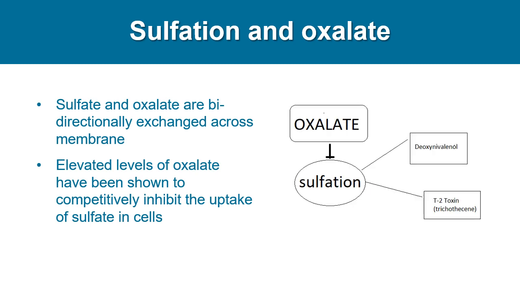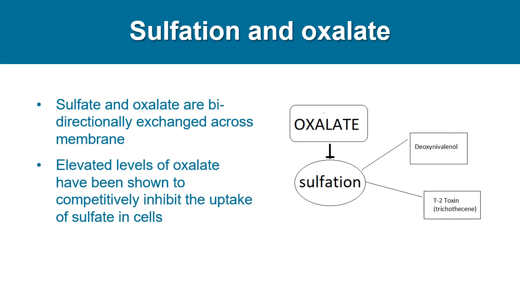There are also a few tremendously toxic mycotoxins that need to be sulfonated to be cleared from the body. These two listed here are two of the top ones. T2 toxin is from trichothecene, and they're starting to be regarded as two of the most toxic mycotoxins we can be exposed to.